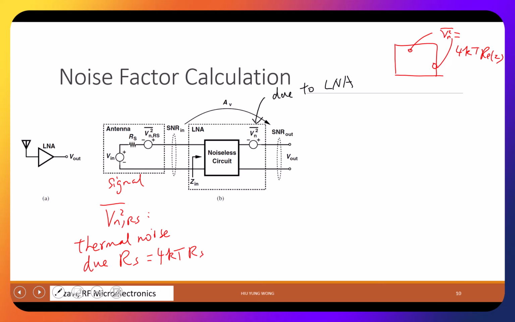Vin is the signal, and at the same time, because it always has this impedance, right? For example, in this case, this is an antenna. We talked about this before, because the impedance perceived by the antenna is a certain value, we will have this equivalent Rs, and this gives us the noise. When you reach this point, you have a certain signal to noise ratio.